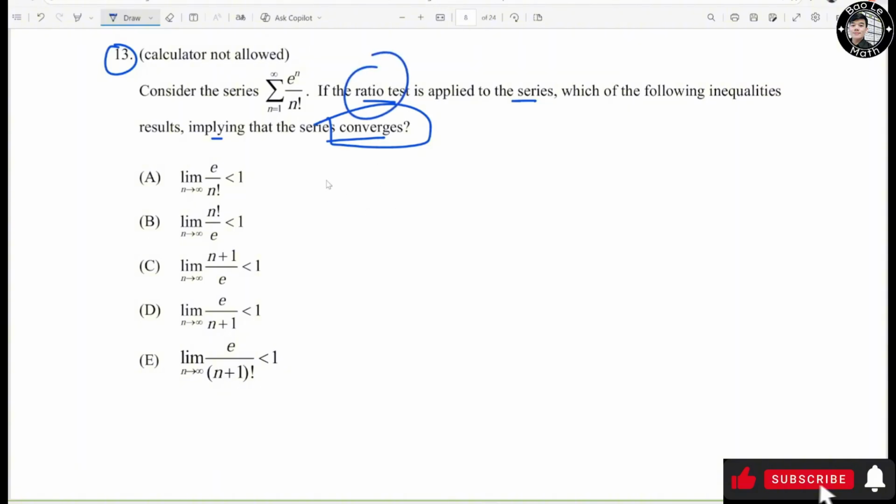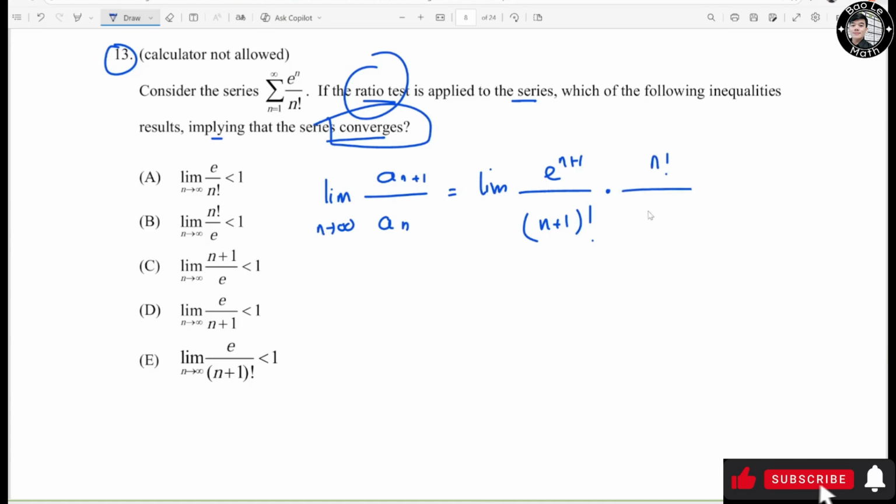Basically, the ratio test says the limit of a sub n plus 1 over a sub n when n approaches infinity is the limit of e to the n plus 1 over (n plus 1) factorial divided by a sub n, which is multiplied by its reciprocal, right? So it would be n factorial over e to the n.